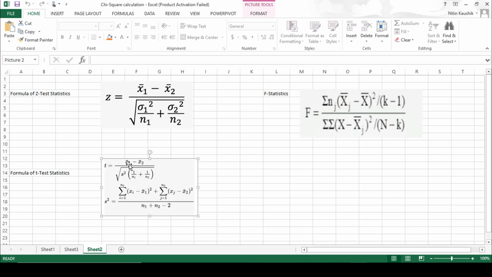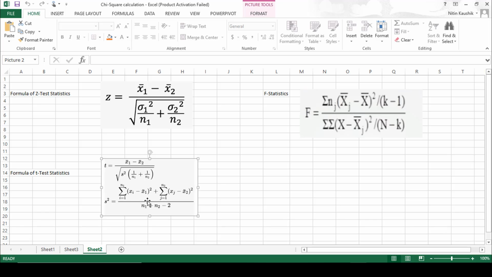So it's x1 bar minus x2 bar divided by the square root of s square, in brackets 1 upon n1 plus 1 upon n2, where s square is calculated by this formula.